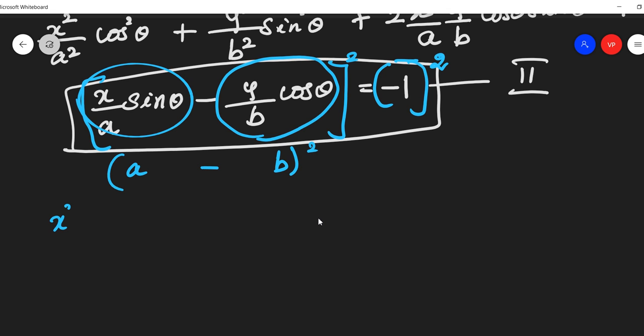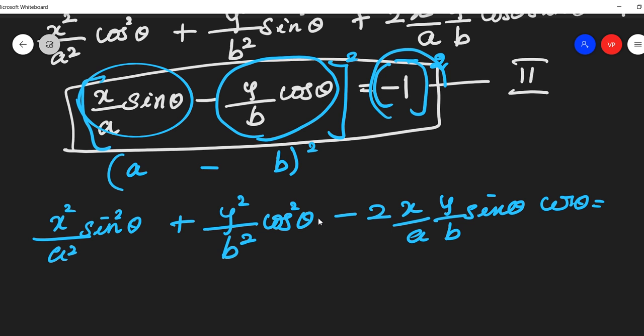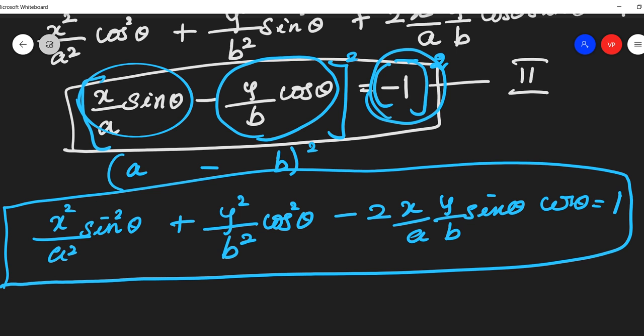So this is x square by a square sin square theta plus y square by b square cos square theta minus 2ab, that is 2, a term, and b term, sin theta cos theta, equal to (minus 1) the whole square, so that is 1. So we get two exact equations.